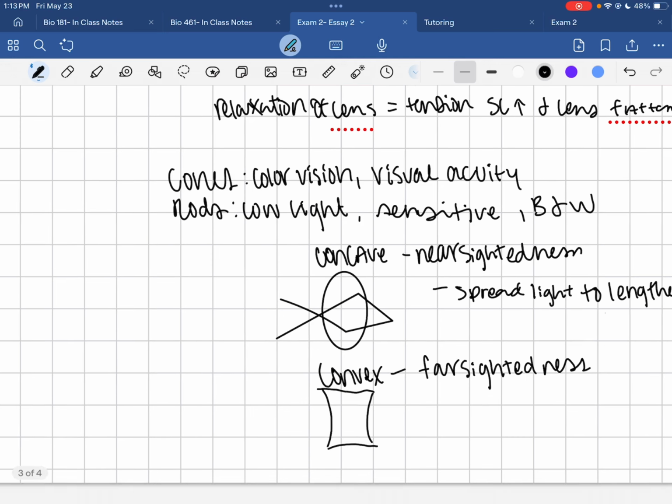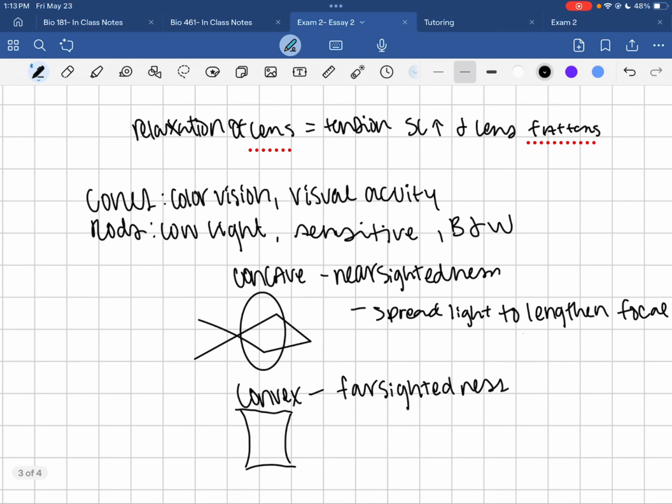just because of how the light is being converged. And then our convex lens, which is used for people who are farsighted, that is when your eyeball is too short. Normally it reaches here. This one is when it's too long, but this one is when it's too short.